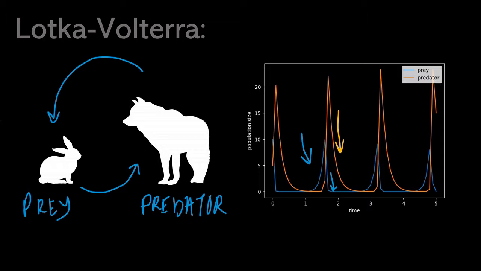And so this is a cyclic behavior you're seeing here, variation over time, and that is the gist of this model. So I just want you to remember the Lotka-Volterra model as a model of population dynamics.